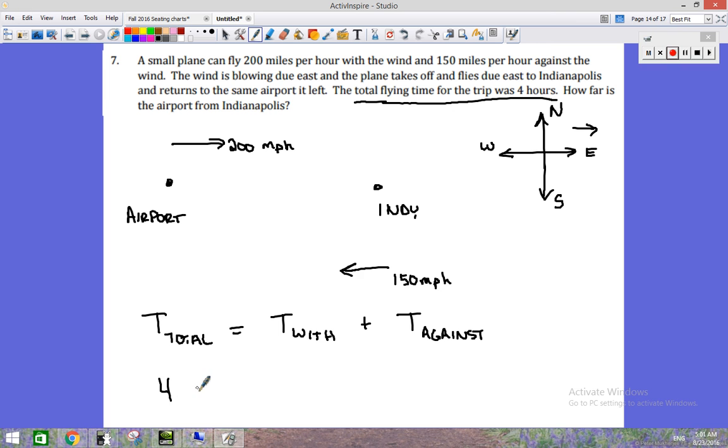That's the total time in the air flying. We know that time is distance divided by rate. So the distance divided by the rate when we're flying with the wind, and the distance divided by the rate when we're flying against the wind.